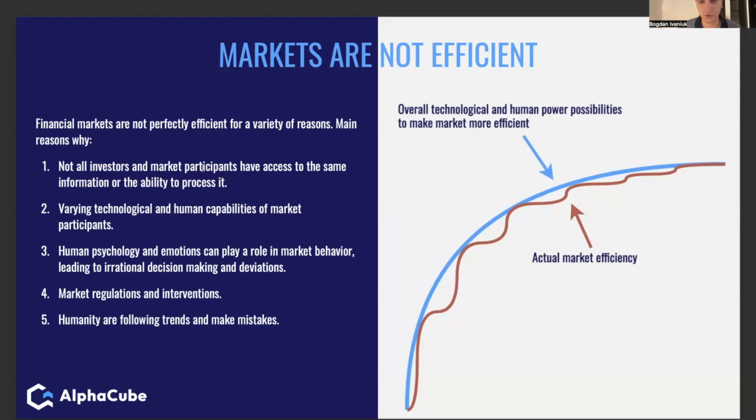Also, I see that right now humanity is sometimes following some not very logical trends. For example, COVID-19. Even when everybody realizes that it is not so dangerous, masks are still used in many countries.